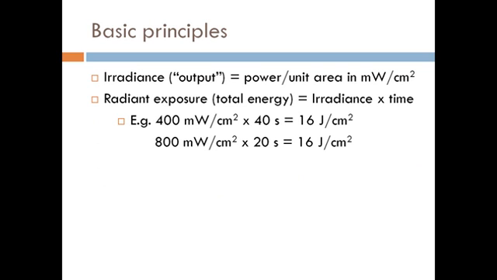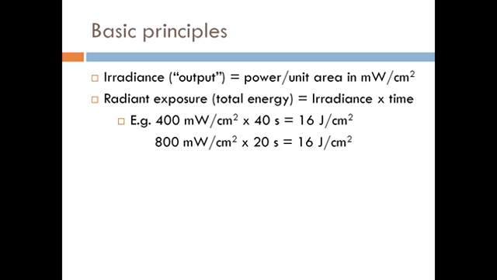And even though they're correct that you're going to get to the same energy, you will see that the reciprocity between irradiance and exposure time does not always hold true in terms of conversion and mechanical properties. So we'll talk more about that later.